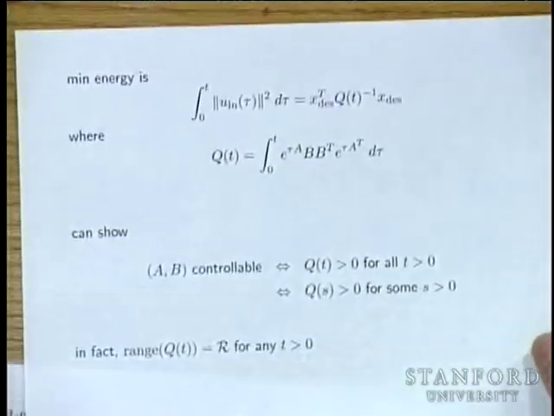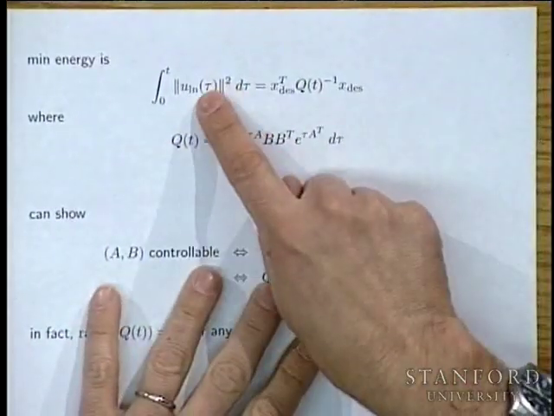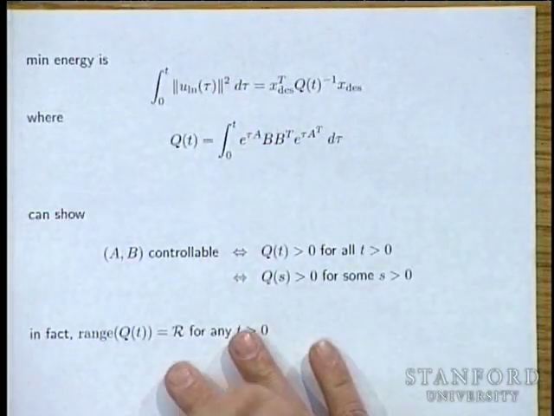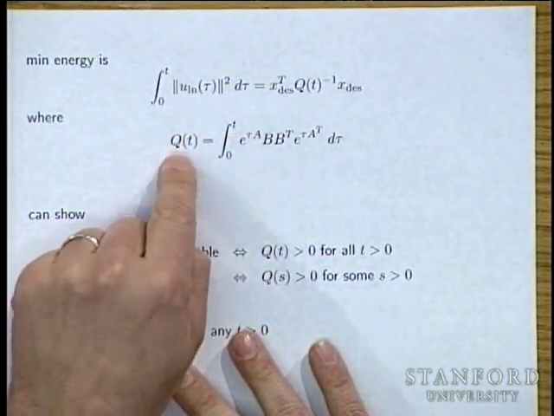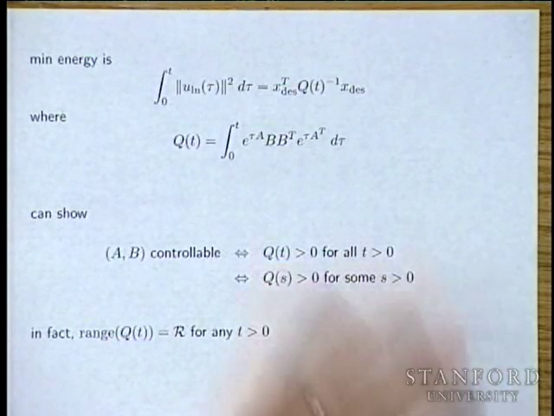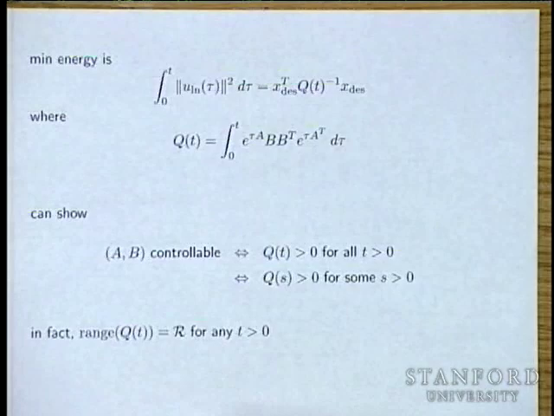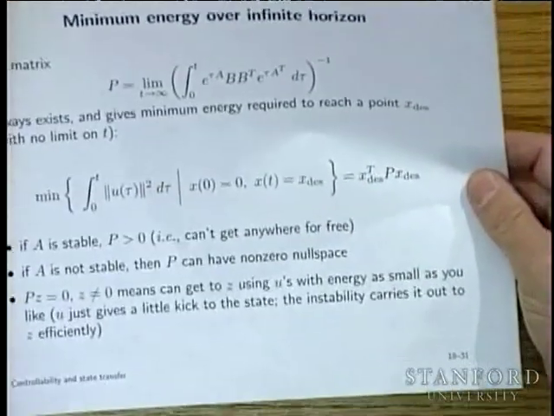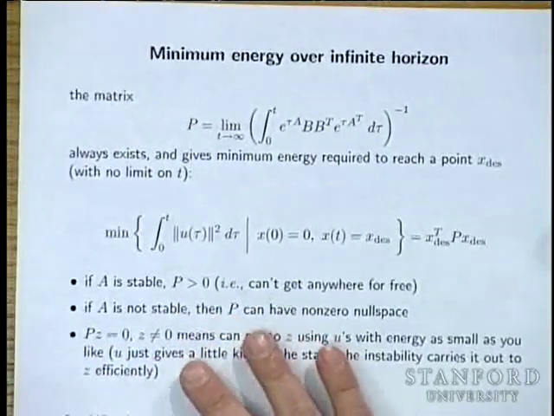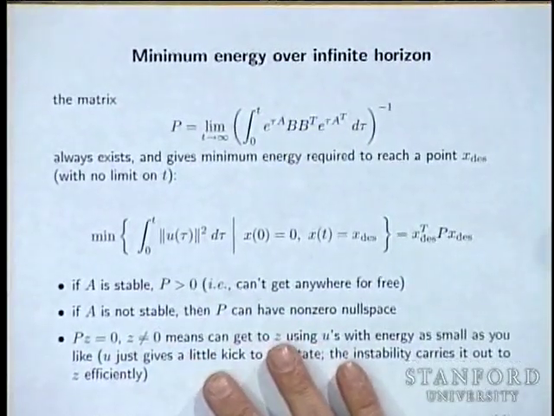Now the energy required to hit a state is given by this integral. It's the integral from 0 to t. And the cool thing about the integral is no matter how small t is, Q is positive definite. It's invertible. And I'm not going to go over a lot of that, but that's sort of the basic idea. Let's see. And I'll just make the connection to the minimum energy over infinite horizon.